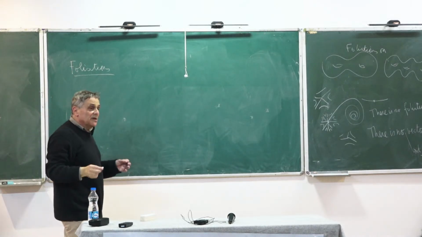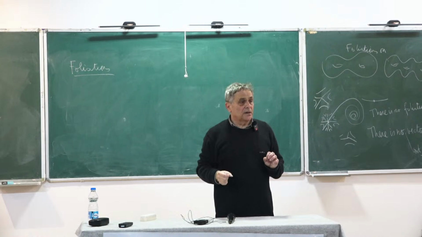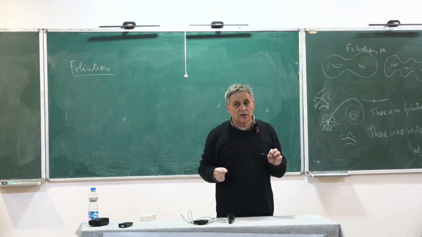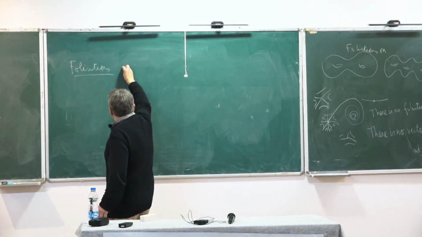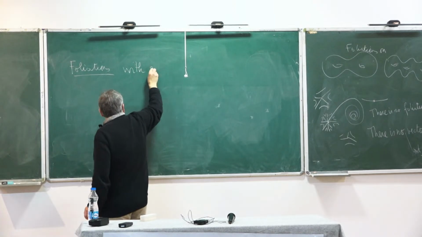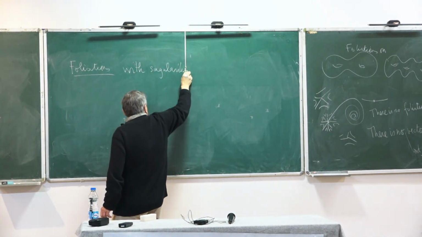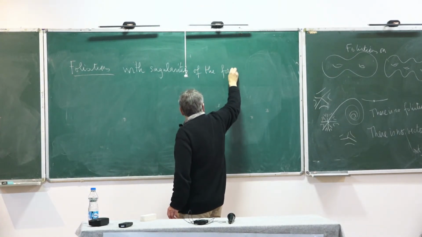So we must admit singular points, and we must say what is the local model for each singular point. These are foliations with singularities of the following form.